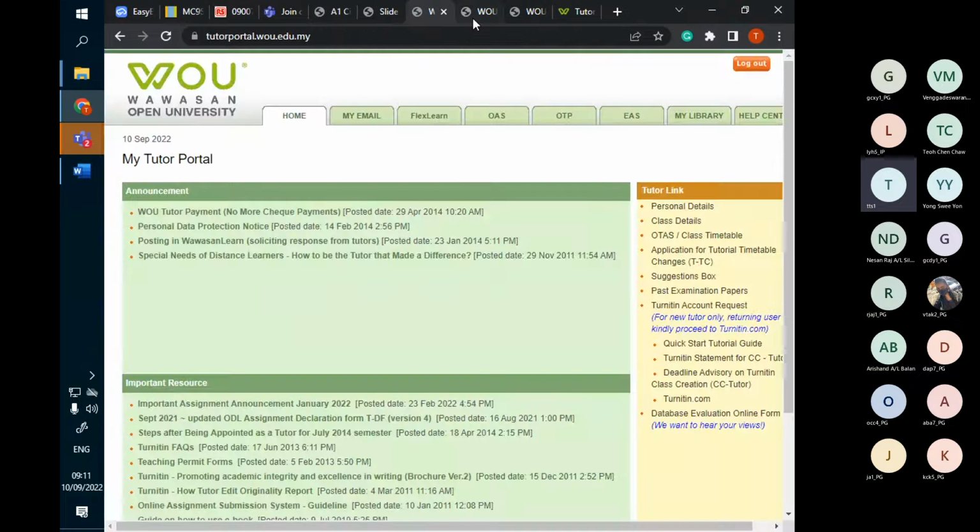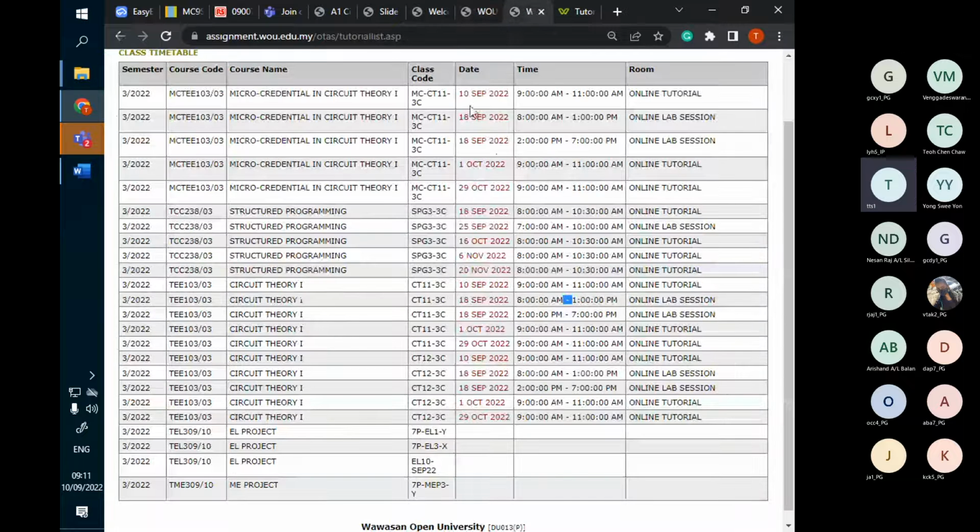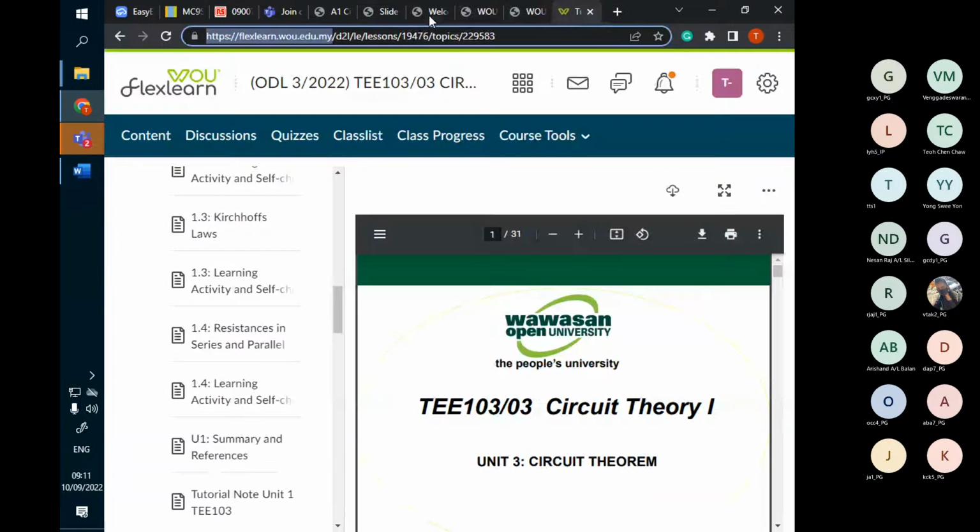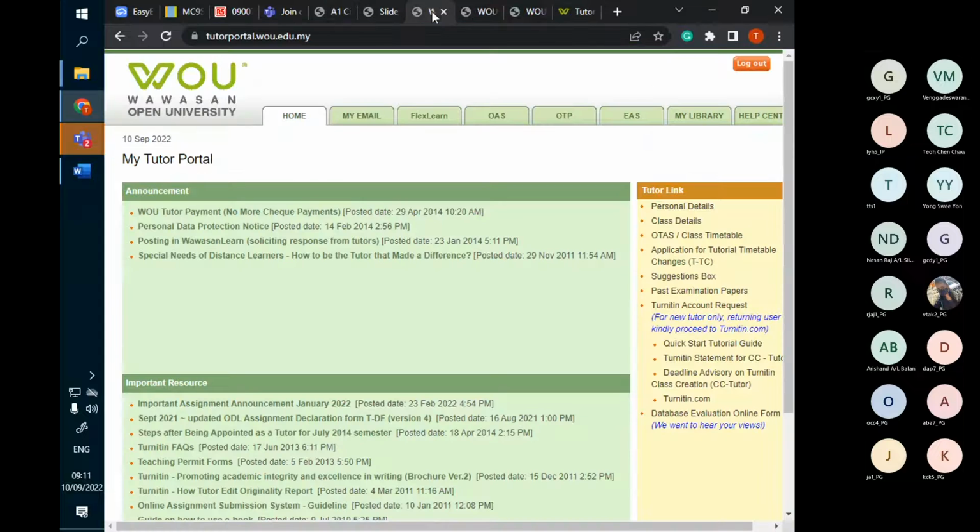Basically, for what I'm doing here, I will come here. By the way, this is the tutor portal, and probably the student portal will not look the same. Probably the layout will be about the same, but the content will be slightly different.